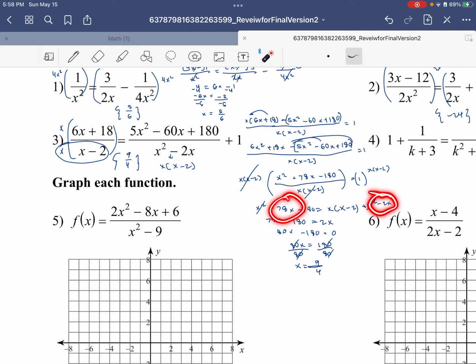Positive 2x plus 78x gives us 80x, so you have 80x equals 180. Then we divided by 80 on both sides, and that left us with x equals 18 over 8, which simplifies to x equals 9 over 4.